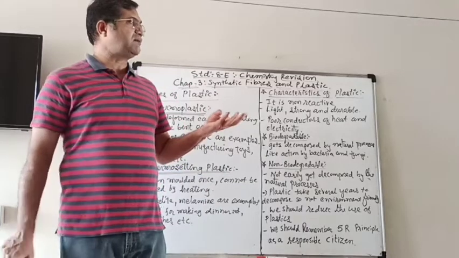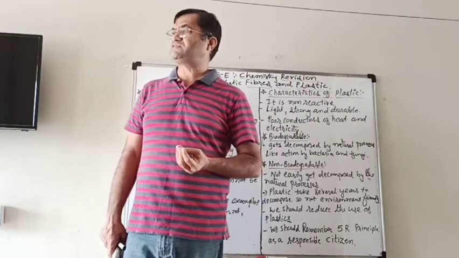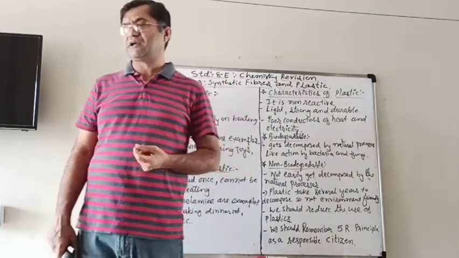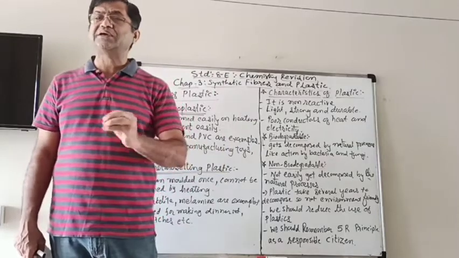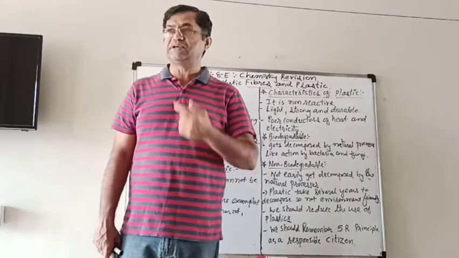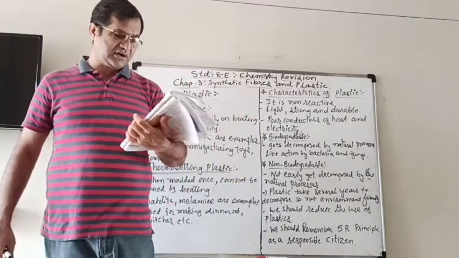For example, our food items, the vegetable peels, fruits, leftover food, etc. They are biodegradable because they are decomposed easily by the natural processes of bacteria and fungi and so many.